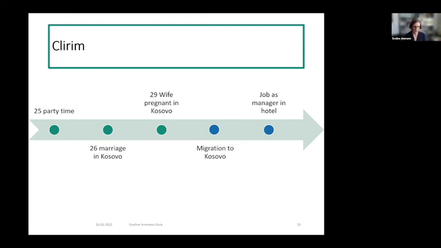And he directly got a job as manager, without having anything. It was very interesting that he could use the symbolic capital of having grown up in Switzerland, and then he had a very good job. In Kosovo the unemployment rate is very, very high, so he was really lucky to have this great job. So then he's living in Kosovo with his family there, and for him everything is great.